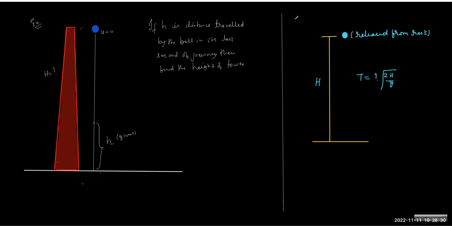Very good. So what is S here? S here is H, or you can say minus H or H depending on the coordinate system. So H equals half g t square, and T will be under root 2h/g. Okay, so you can use this to get the previous answer, hopefully.